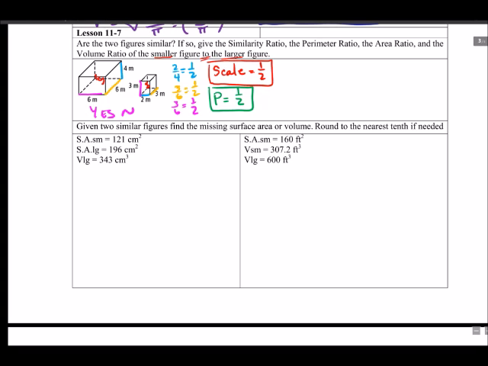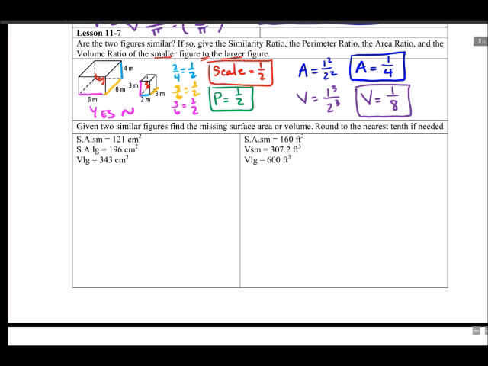Now, we also learned long ago that our area ratio is just our scale squared. So that's 1 squared over 2 squared. So our area ratio is 1 to 4, which should make sense to you. And our newest thing was our volume ratio is our scale cubed, 1 cubed over 2 cubed. So volume is a 1 to 8 ratio.